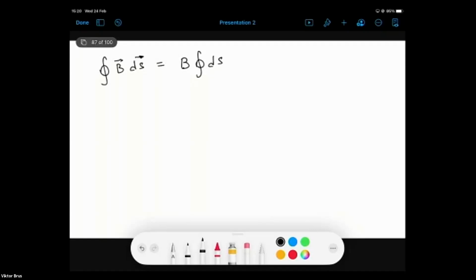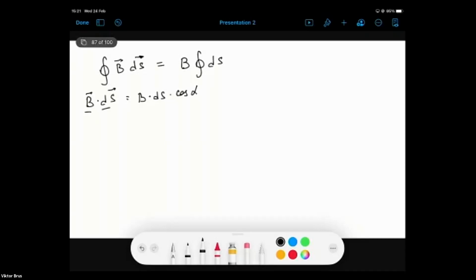Also, as you notice, we don't have vectors here anymore because the scalar product B times ds is equal to the magnitude of vector B times the magnitude of ds times cosine alpha, which is the angle between vector B and ds.